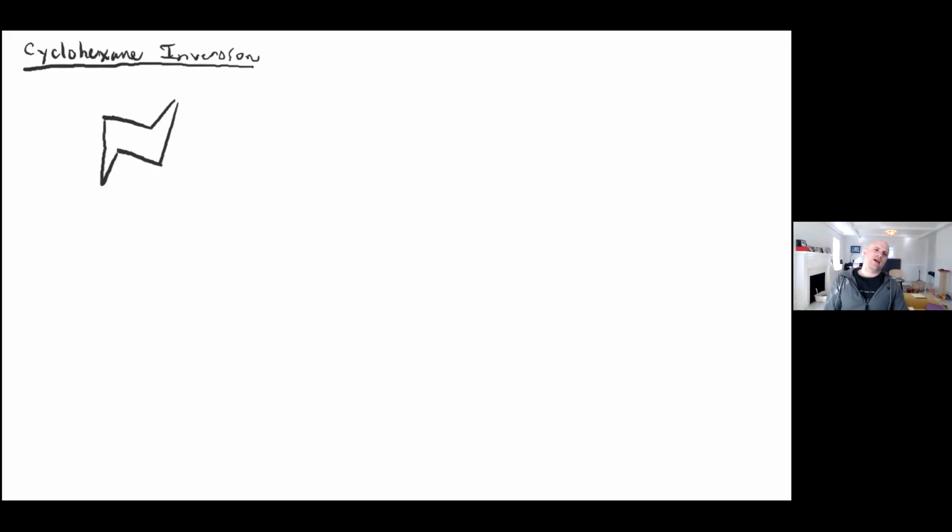Okay. And what we said about the chair is that the hydrogens at each carbon have a discrete orientation that we refer to as an axial or equatorial position. So I'm going to pencil in all of the hydrogens here.